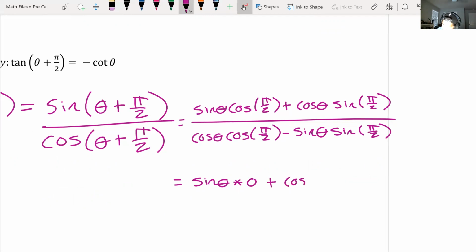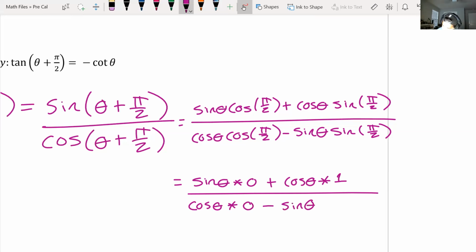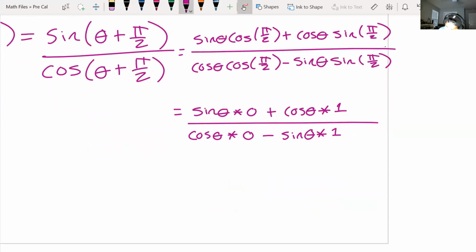Plus cosine theta times, what is the value of sine at pi over 2? 1. Over cosine theta times, what is cosine at pi over 2? 0. Minus sine theta times, again, sine at pi over 2? 1. What are we left with?